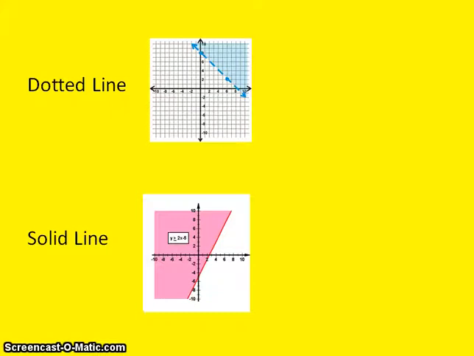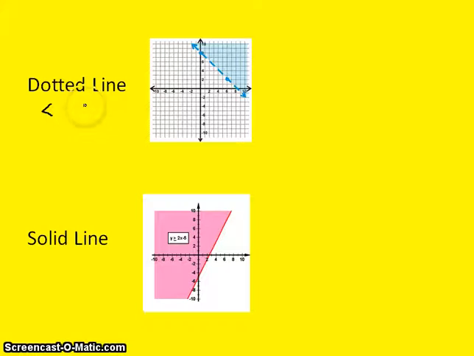So you're probably wondering, what is it going to look like? I'm buckled up, ready to go, and that was nothing new. Well, we're going to graph lines today, and then we're going to shade one side of the line. Notice here that we have a dotted line. With a dotted line, it's like an open circle.